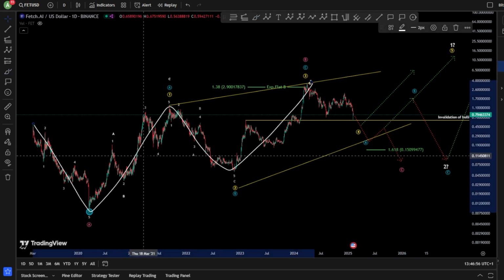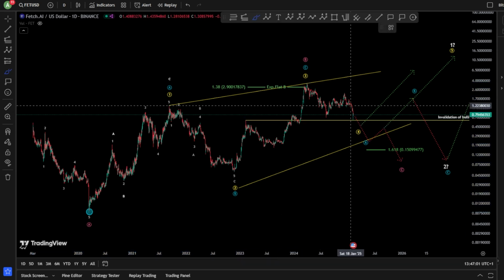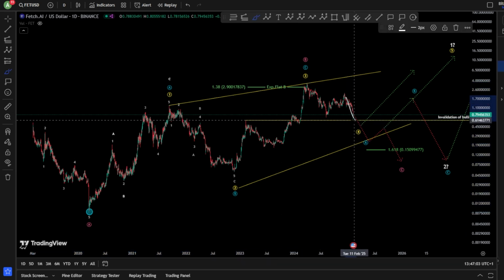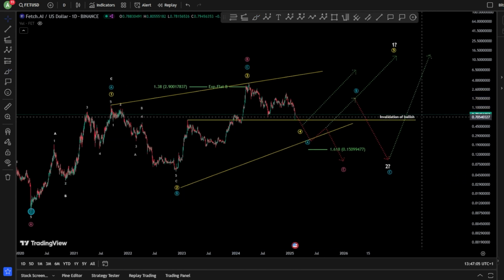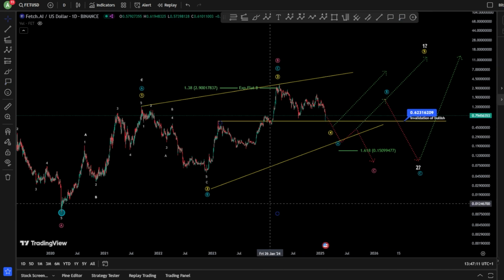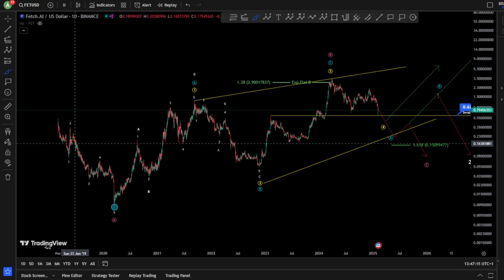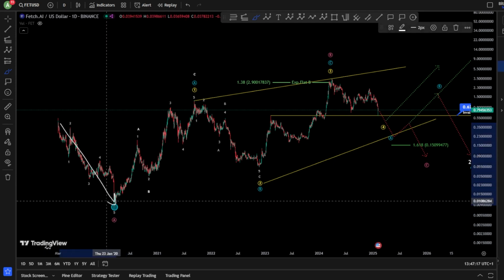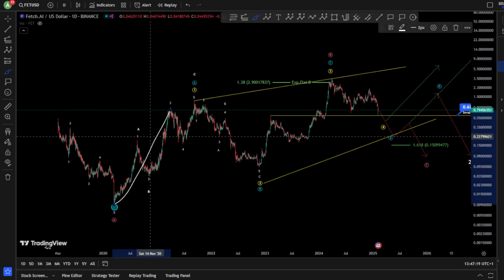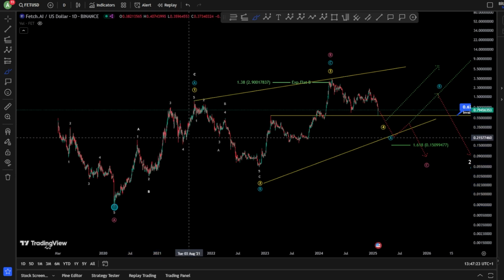However, still very low possibility for this scenario until we see, of course, something moving under this invalidation of bullish, which is at almost price, let me check, 0.62. Now, the next scenarios we have start to count here, where probably the market in FET has started to find psychology, having 1, 2, 3, 4, 5 in a leading diagonal.